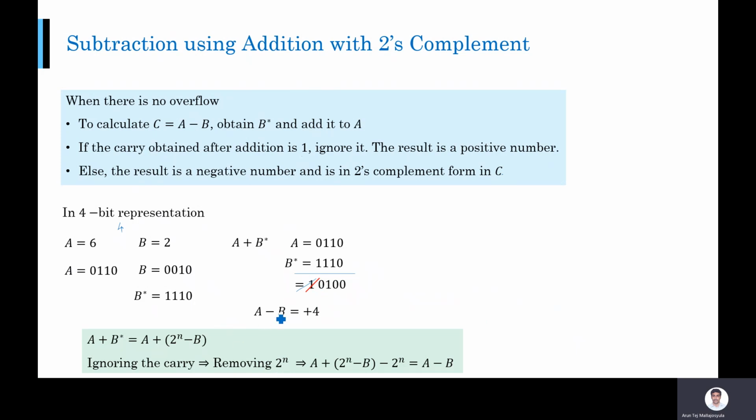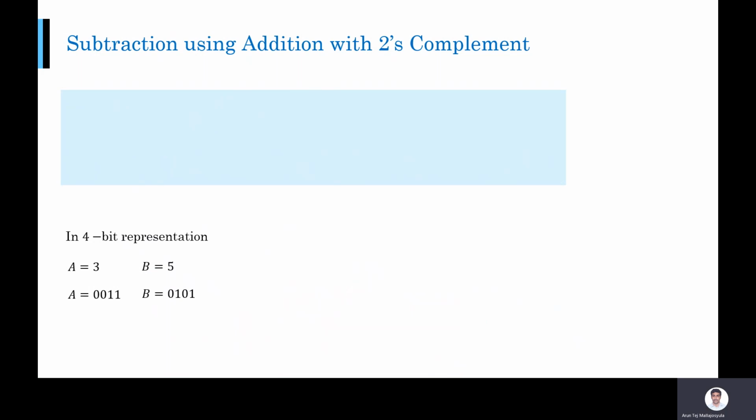So you are removing 2 to the power of n from the final result. What do you get when you remove 2 to the power of n from a plus 2 to the power of n minus b? You get a minus b, right? So directly you are getting the difference between a and b. That is the advantage with 2's complement representation. You need not do any further operation.